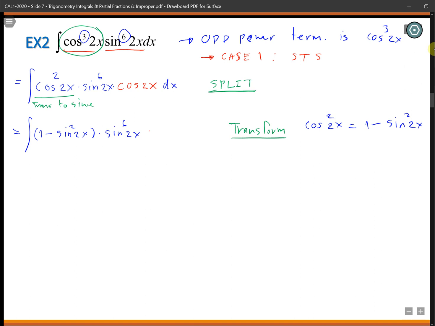Okay, this cosine 2x is still there. And of course, we expect this to go away later, right? And then dx right here. Now, transform is done. The next thing is substitution, and we want to work on the terms that we just transformed. So substitution.